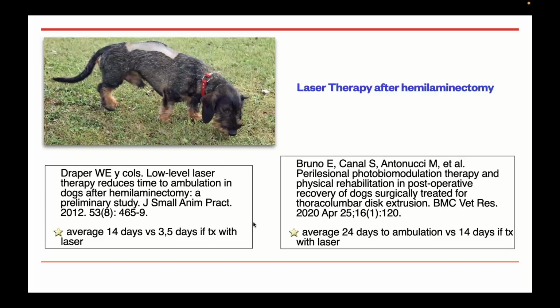In the study on the left, it was 3.5 days versus 14 in the non-treated animals. And in the study on the right, which is a bit more recent, it was 14 days versus 24 days with laser and non-laser animals. So not as marked, but pretty impressive in both cases.